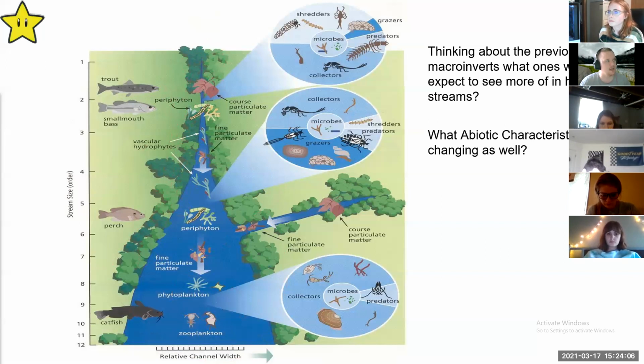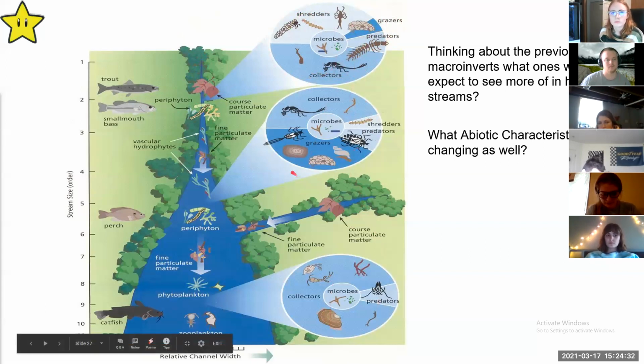So there's going to be less light reaching the river, which means less photosynthesis. But there's going to be a lot of organic matter dropping in, so twigs and leaves and things into the river, which means this area is going to be dominated by your shredders and collectors, with just a few grazers and a few predators as well. And the predators are going to be present all throughout.